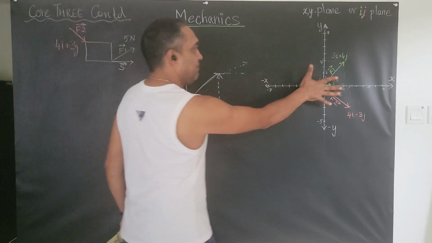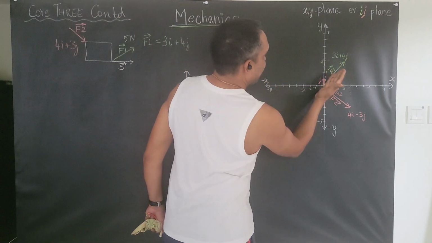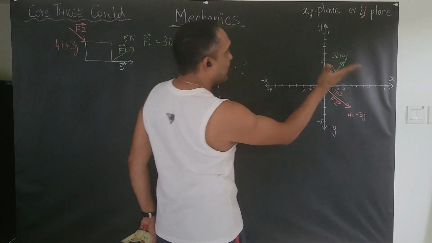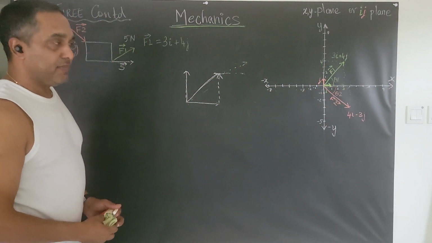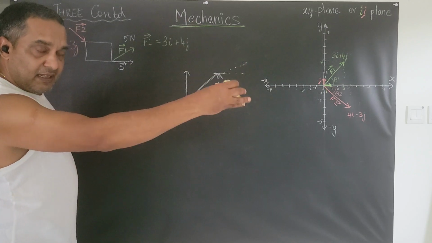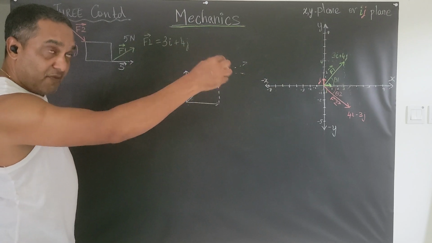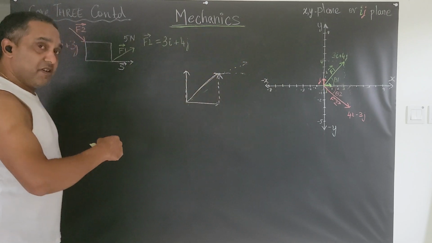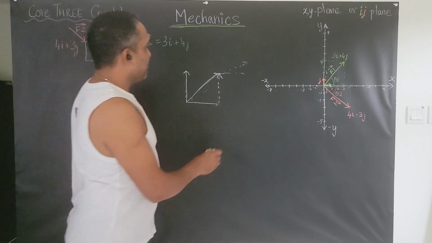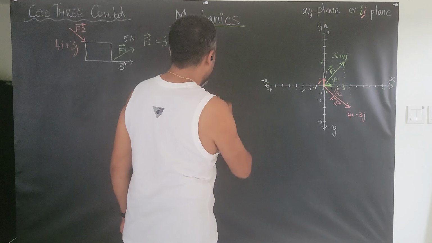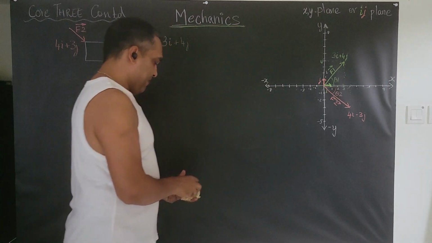I can set this to be my x and a perpendicular line to be y. However it's within the plane, the vectors add very simply. It's the coordinate of the head of the last vector and the coordinate of the tail of the first vector that you add, and you will end up with the new resultant vector by adding them up.